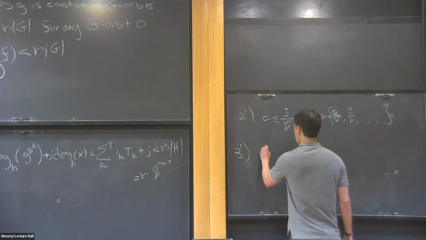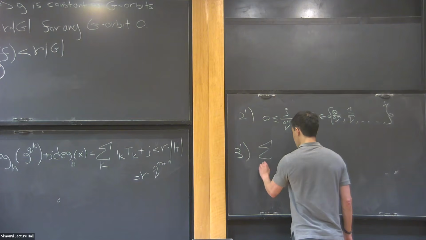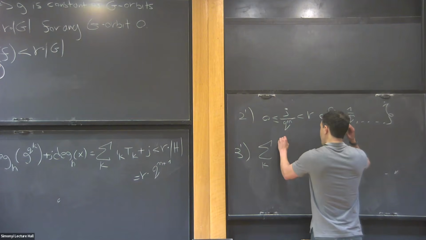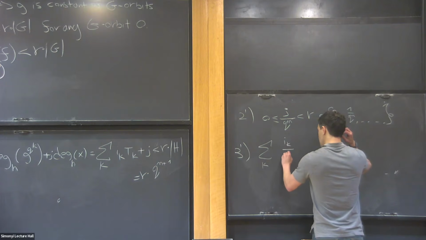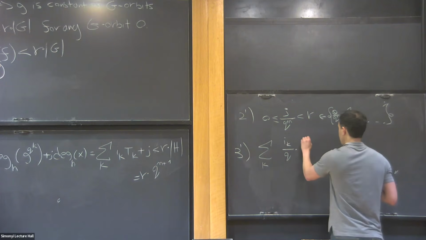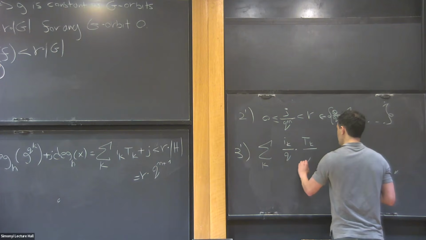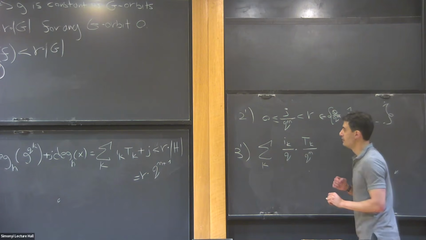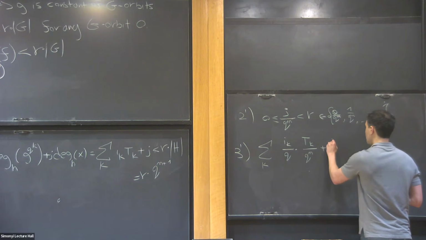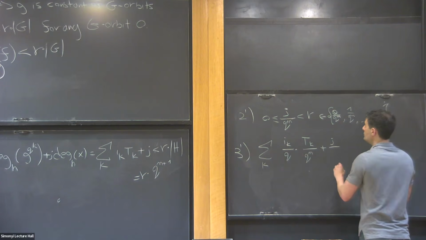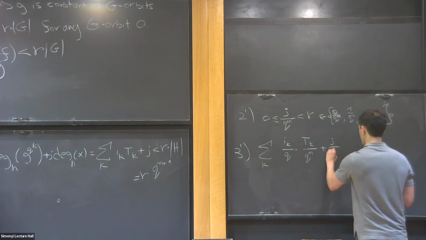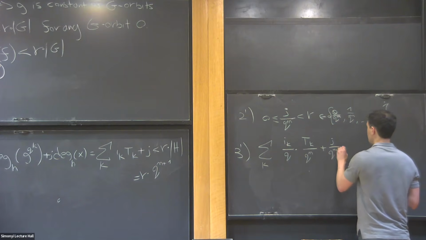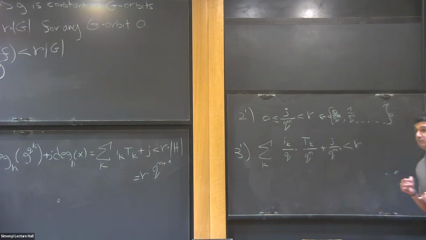So what we get is the summation over K of IK over Q times TK over Q to the M, plus J over Q to the M plus 1, should be less than R. Agree?